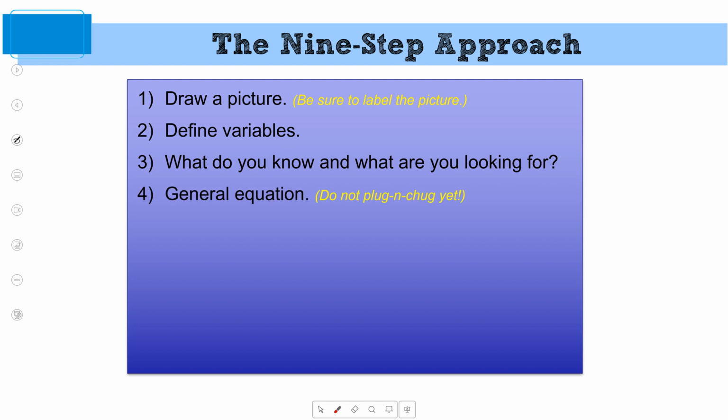Step 4, general equation. A lot of times, in the first couple of examples, we're going to do some geometry stuff, and the general equation is given to you. Sometimes you'll have to write your own. What's important there is where it says do not plug and chug yet. The only time you substitute into an equation is if a value doesn't change anywhere in the problem.